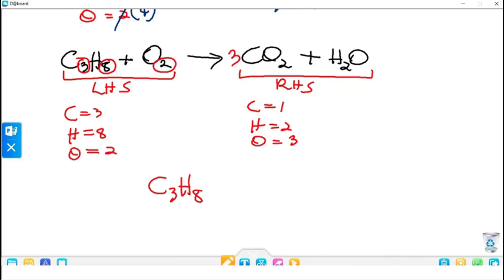C3H8 is a compound, and that is its natural formula. The 3 and 8 there are not used to balance the compound. The compound is how it is. That is its natural formula. So don't be confused when we say we shouldn't balance equations with subscript numbers.